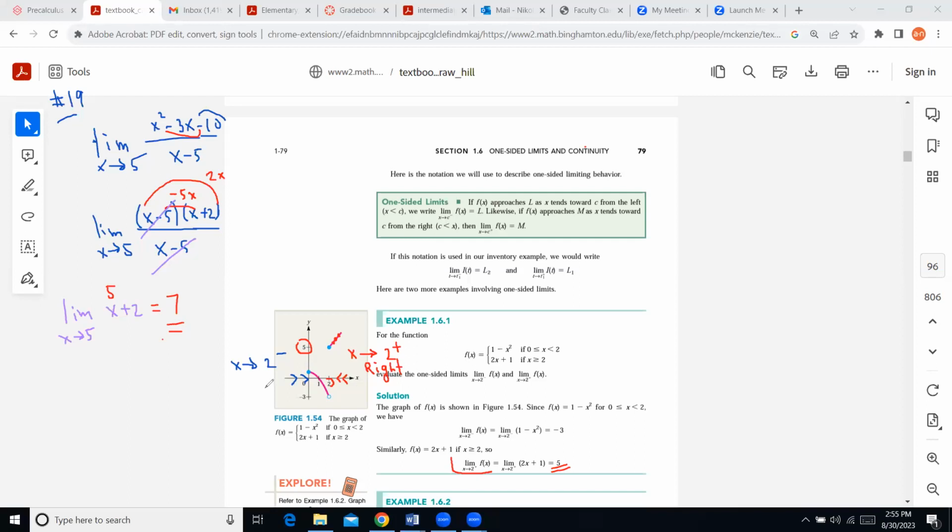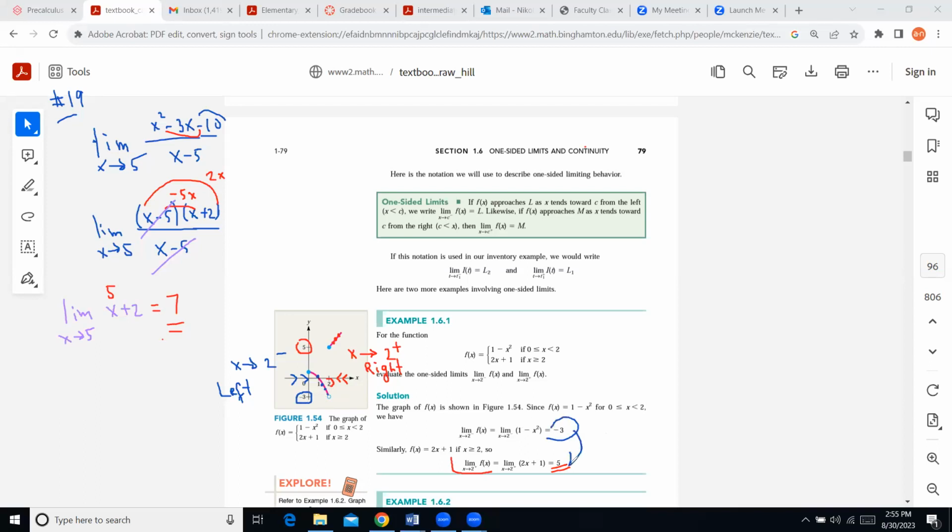That's why they put a minus. So it says approaching from the left, not from the right. And if that happens, we will be on the other piece that gets closer and closer to -3.